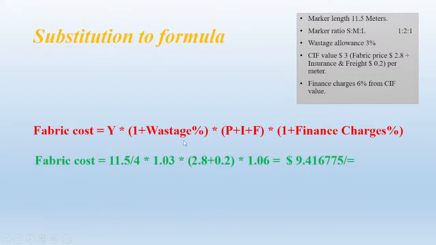Make sure that you have put the brackets in the right place. So 11.5 divided by number of pieces 4, into 1 plus wastage percentage, 3% which is 0.03, into price, insurance and freight, into 1 plus finance percentage, 6%, that means 1.06. The answer is 9.416775. The answer is the same as the previous one.